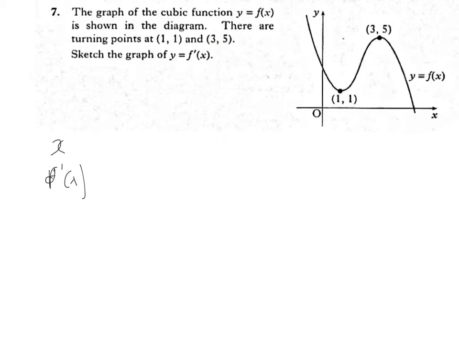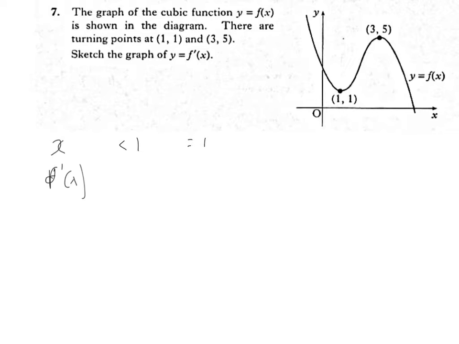Now, the first turning point occurs at (1, 1), but it's the x coordinate that I'm interested in. So the first change happens at 1. So I want to observe what's happening before that. So that's before 1. Then I want to observe the gradient at 1.